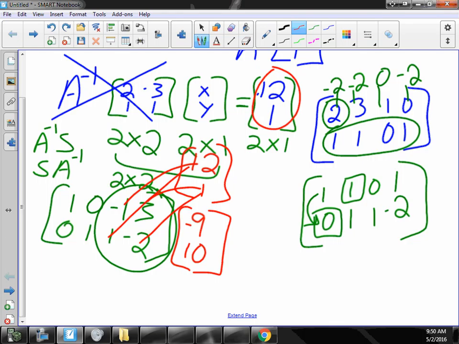So -9, 10 is the solution. And this is actually what your calculator does. It doesn't do row echelon form the way that you do, where you switch rows, and that just takes way too much time. All it does is invert the first part of the matrix and multiply it by the answers, and that will give you the solution.